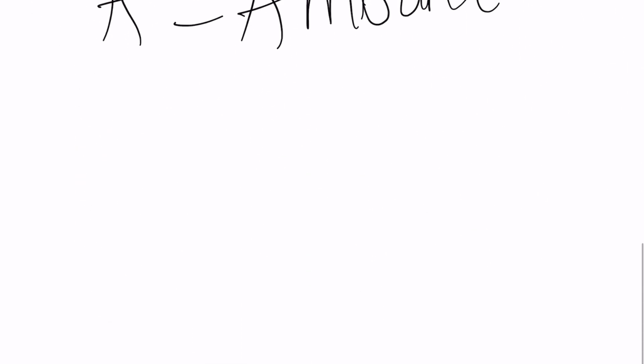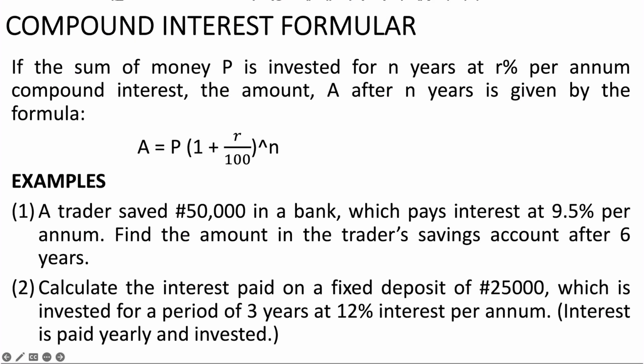Our first example: a trader saved 50,000 naira in a bank, which pays interest at 9.5% per annum. Find the amount in the trader's savings account after 6 years.